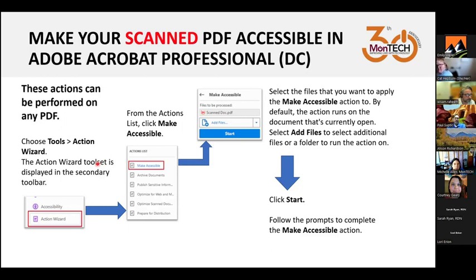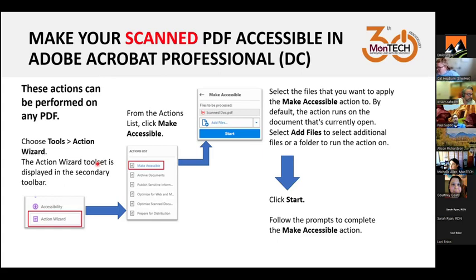There is a way to do that in Adobe Acrobat Professional: convert the scanned text to real, selectable text that you can edit or copy and paste.